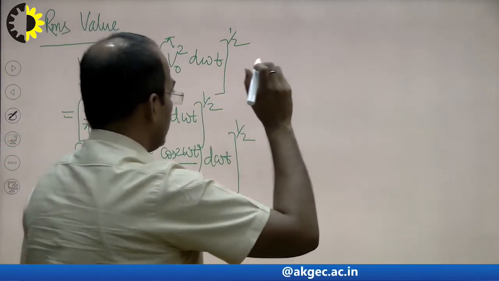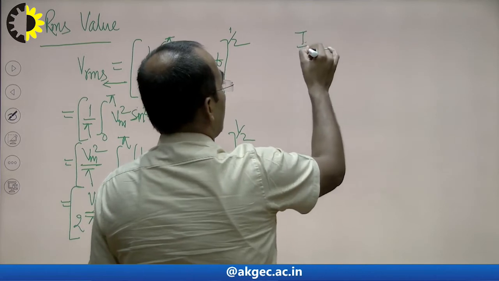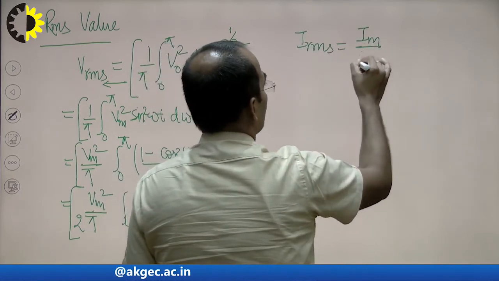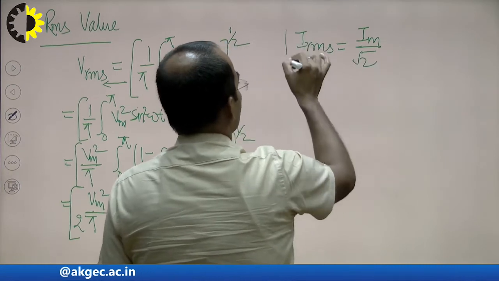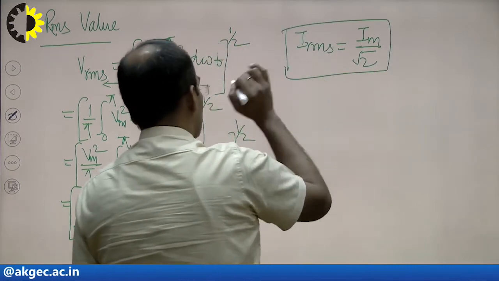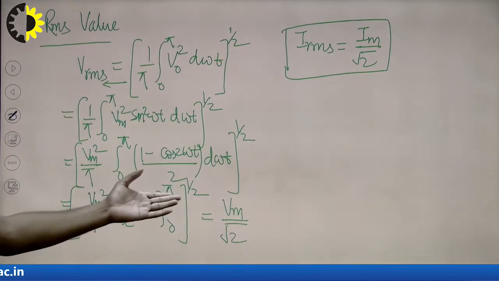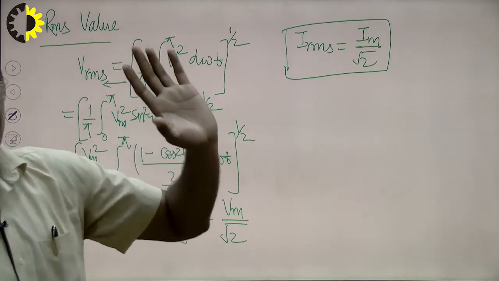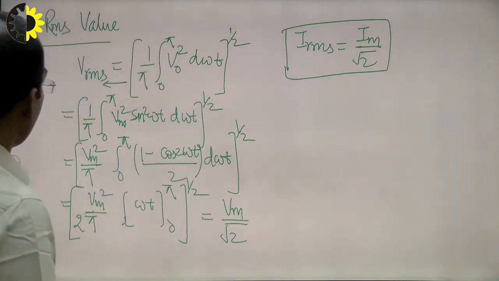Similarly, I can find the RMS current. IRMS is equal to Im by under root 2. Simply I have to divide Vm by the load resistance R, and I will get IRMS equal to Im by under root 2. So this is the procedure: how will you find the RMS value of any half wave or full wave rectifier?